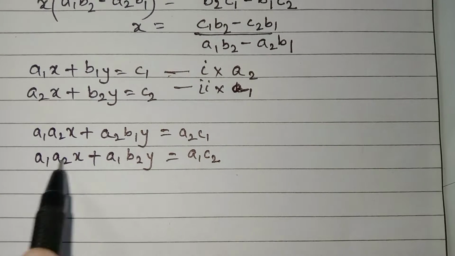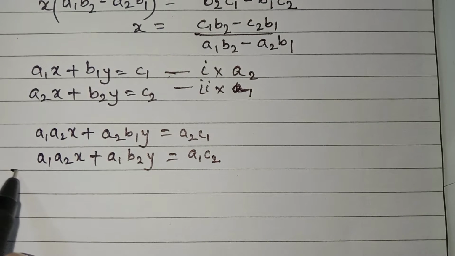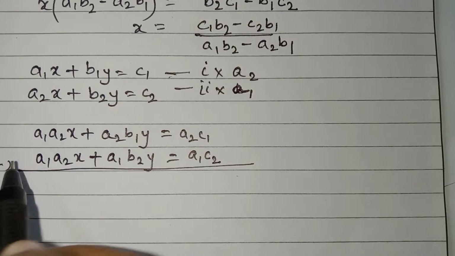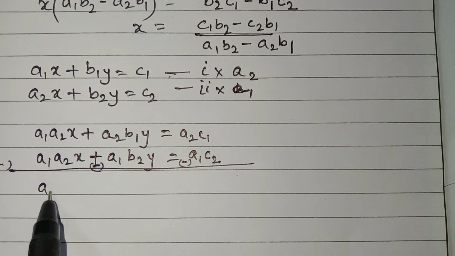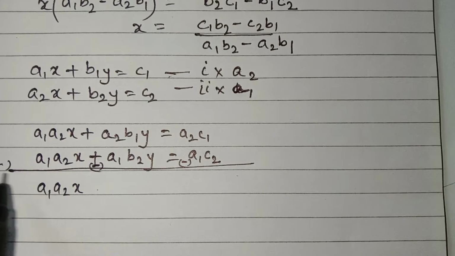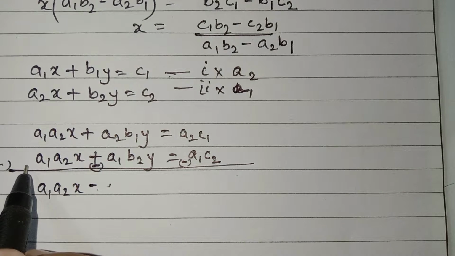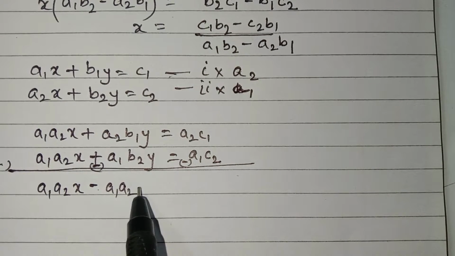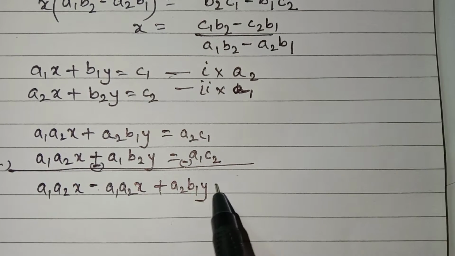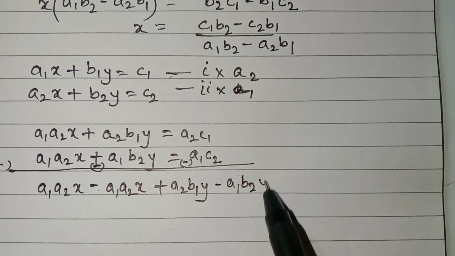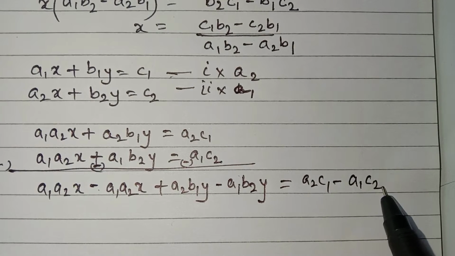Next, if I subtract, then I get a1a2x minus a1a2x plus a2b1y minus a1b2y equal to a2c1 minus a1c2.